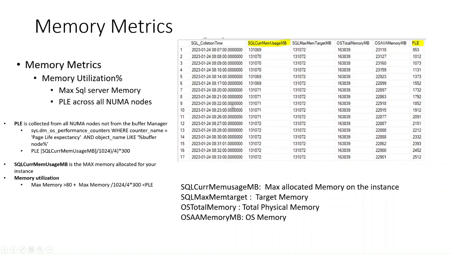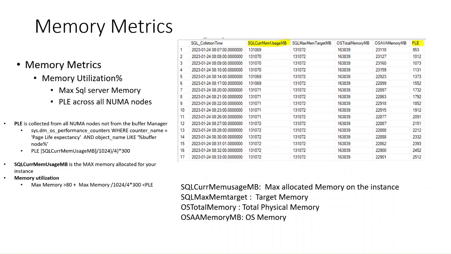the 80%. The memory metrics, we have multiple pieces of information in the memory. You have the SQL current memory usage, which shows the current memory usage in the buffer pool, and that's measured against the max memory set on the instance. So we capture the instance memory, not the total server memory.